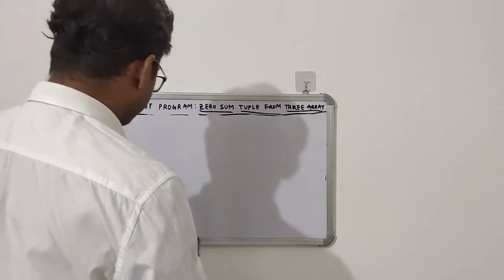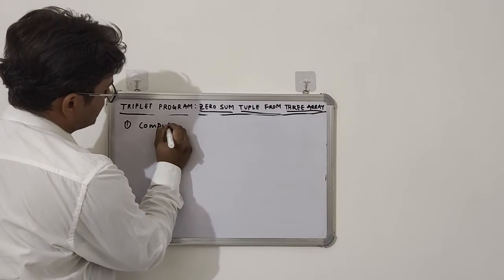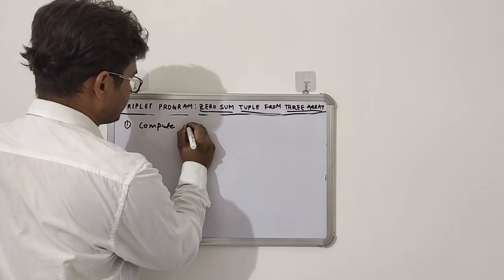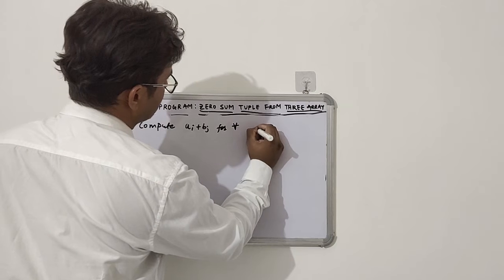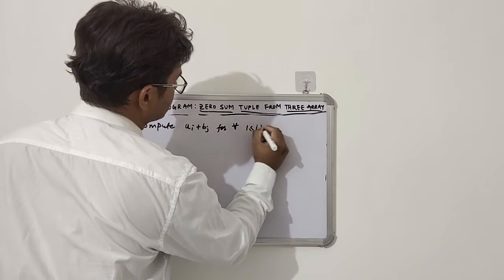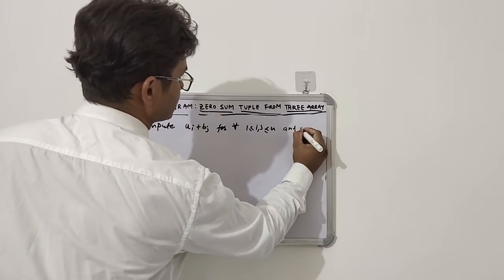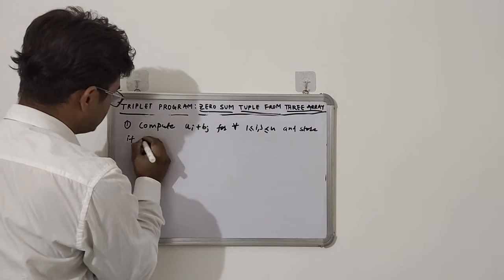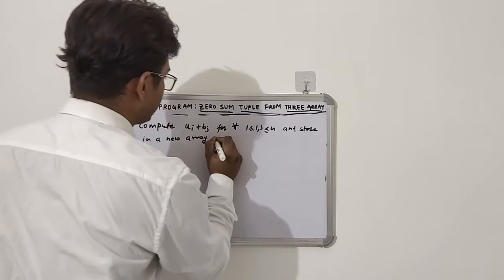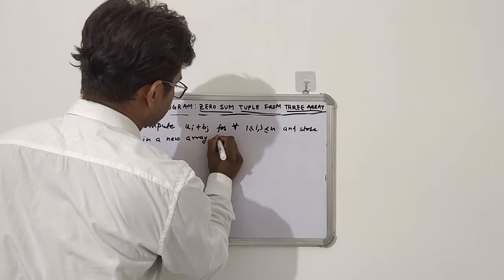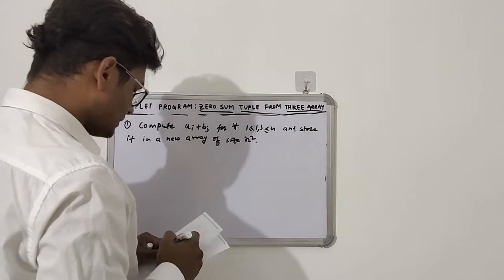Let me write my first step. Step 1: first compute a i plus b j for all values of i, j, greater than or equal to 1, less than or equal to n, and store it in a new array of size n square.